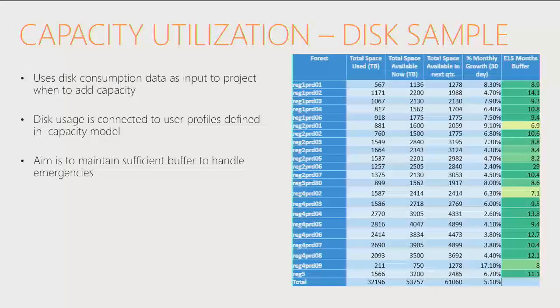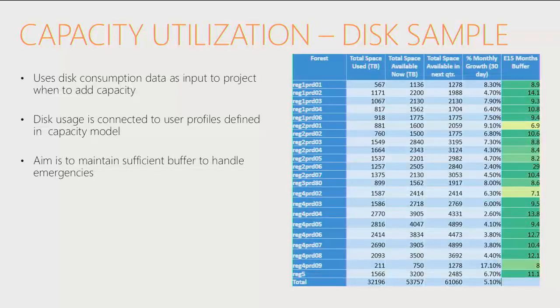The other thing which we keep a very close eye on is what we call time to die. For each of our logical aggregations of server roles, we keep an eye on how much room we have based on our organic signals, based on the growth of a specific tenant usage or specific forest or site usage. So this specific example goes over how much time we have in each of these forests in terms of when we will run out of disk space.